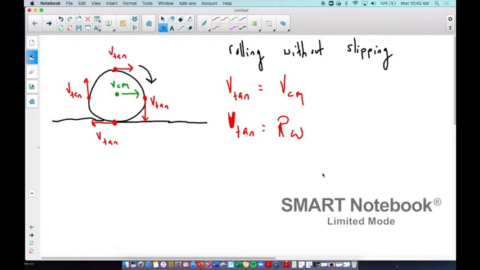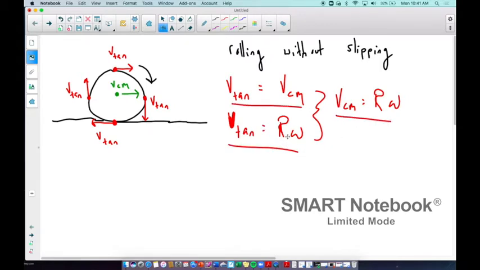R omega, right? And so if this statement is true, and everyone should know this statement, that the velocity on a point on the edge, that tangential velocity, is equal to the angular velocity times the radius of the object. This wheel has a radius, big R, okay? Then that must also be the velocity of the center of mass. So this is true, and this is true, and this is true.